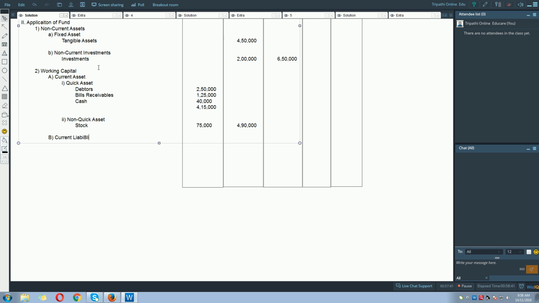To this you will have to add non-quick assets. And in non-quick we have only one item, that is stock. So we can take this stock directly in the first column, 75,000.